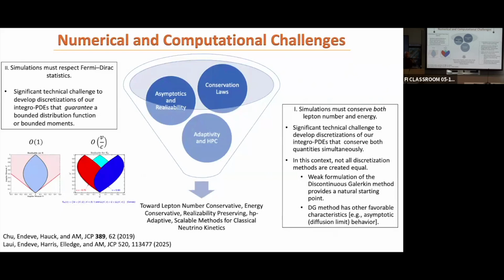If you're in Fermi-Dirac statistics, that means the distribution function is bounded between 0 and 1. And the moments of the distribution function in a moment approach are similarly bounded. To develop numerical methods that guarantee, as you move forward time step after time step, that you maintain Fermi-Dirac statistics, that is boundedness of your moments or of your distribution function, is extremely difficult.